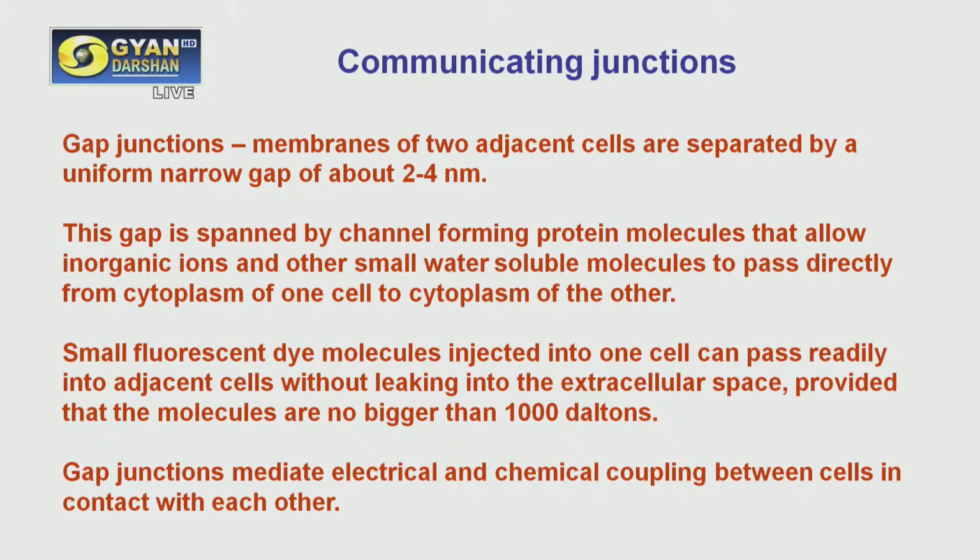So there is something in that gap that allows the free passage of molecules from one part of the cell to the other. For example, in the neuronal transmission, the synaptic transmission, where the signal is relayed in the nerves.